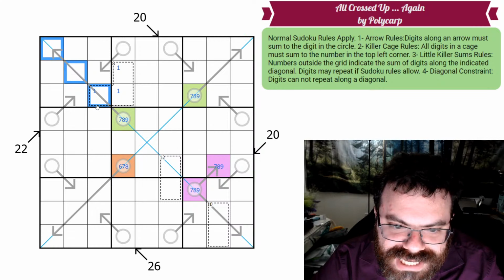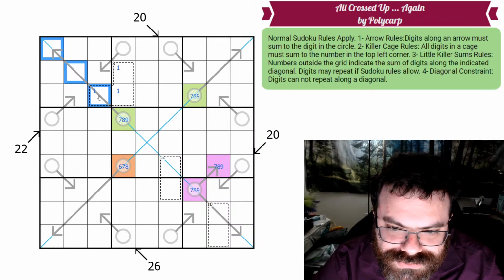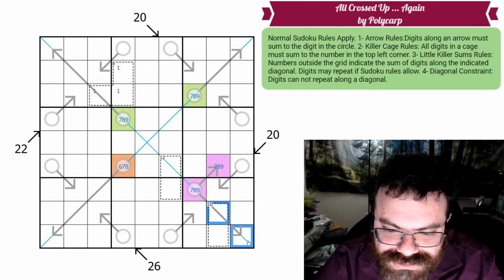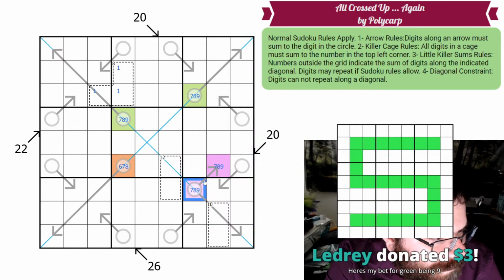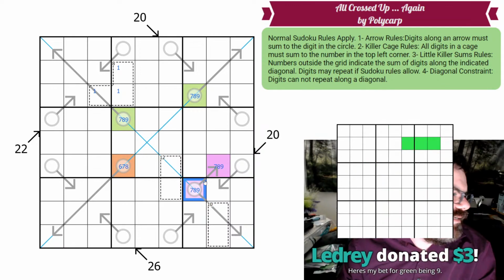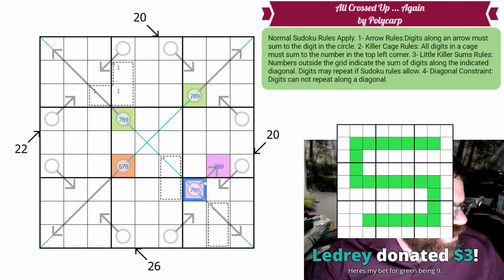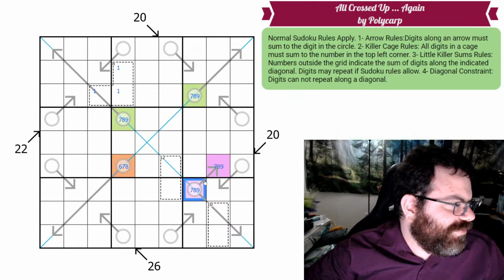If orange were up here, it would have to be 6 with a 1, 2. This would be 9. If orange were down here, it could just be with a 1, making that 7, 8, or 9. Here's my bet for green being 9. Thank you for the $3, Ledry. He's betting on green being 9.